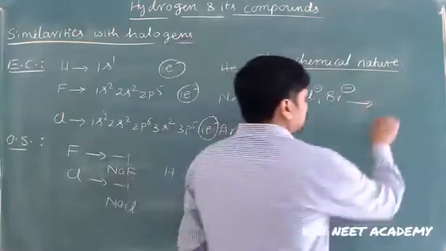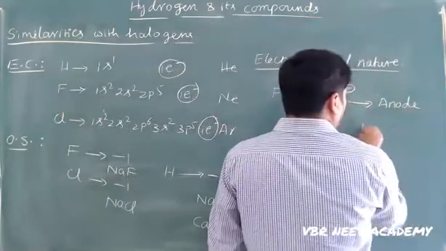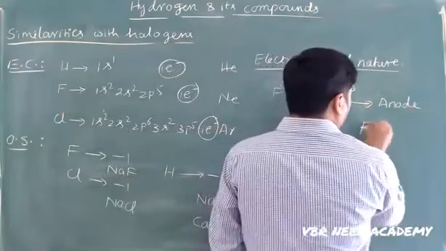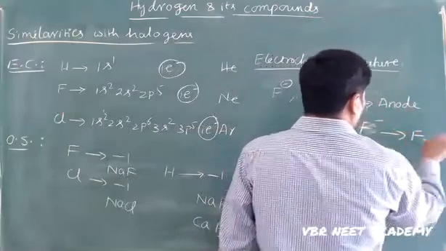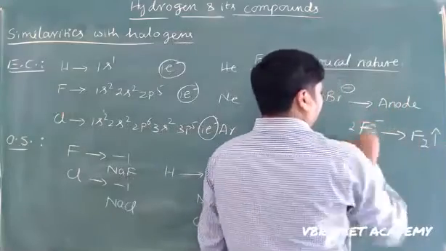Anions move towards the anode, and there what happens? Oxidation, so they form F2 at the anode. They are liberated as F2 gas at the anode.